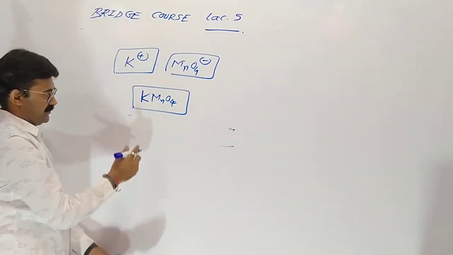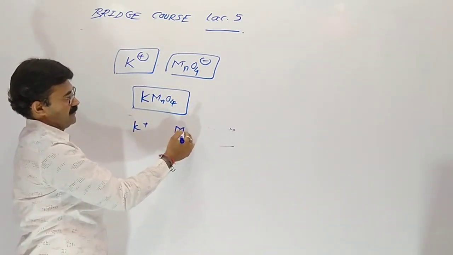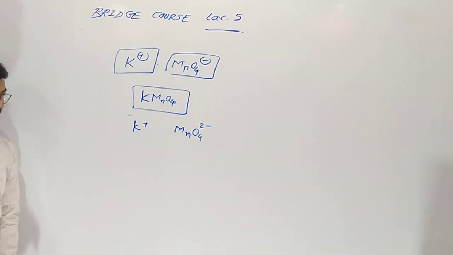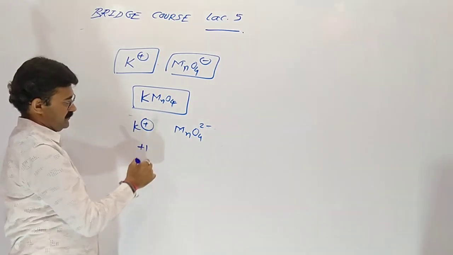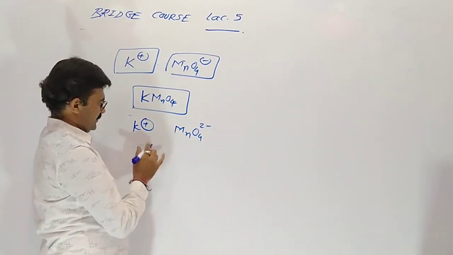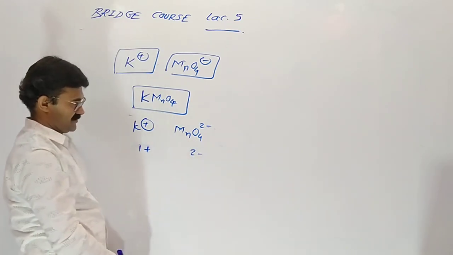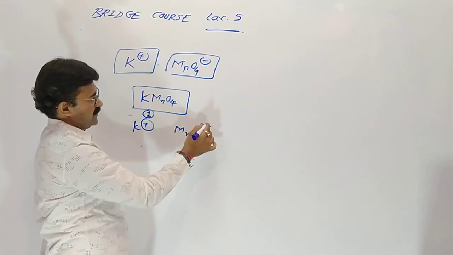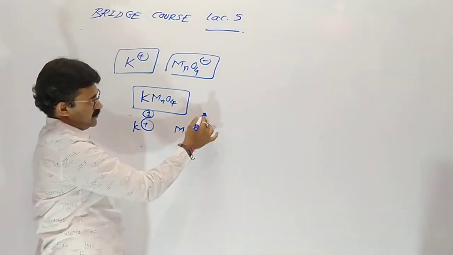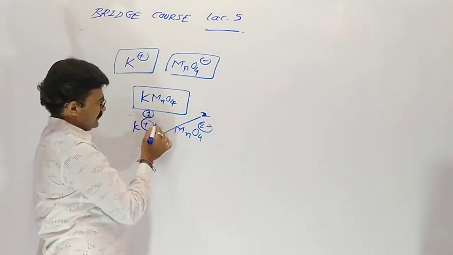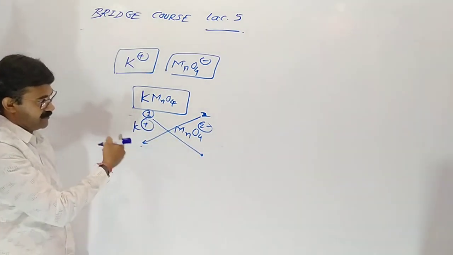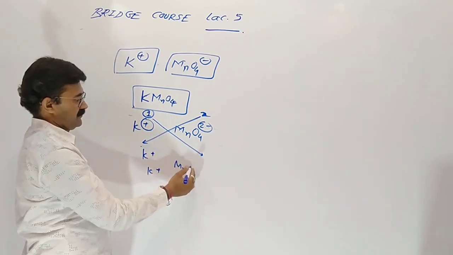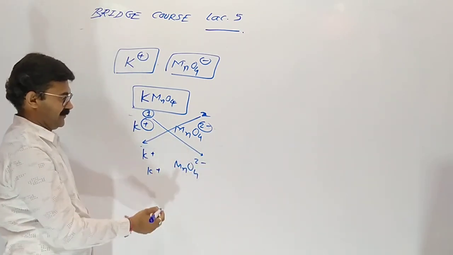Now what about K plus and MnO4 2 minus? Here the charge is plus 1 and here is 2 minus. Charge we are neglecting, so here should be 1, here should be 2. 2 multiplies to potassium and 1 to MnO4, cross multiplication. So potassium comes 2 times, MnO4 2 minus 1 time.